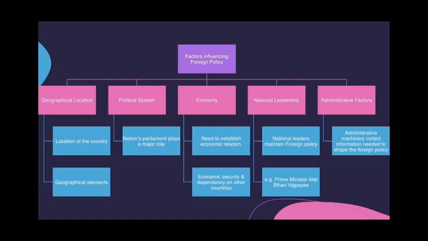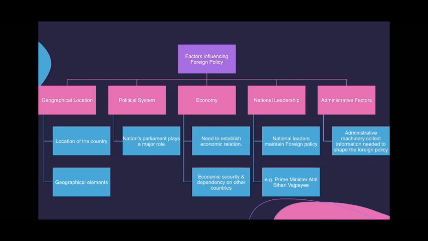The next factor influencing foreign policy is administrative factors. Now, the final decision about foreign policy is taken by the Prime Minister and the Minister of External Affairs, or we can say the government is taking the final decision.